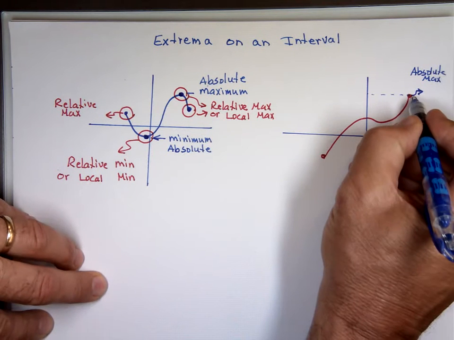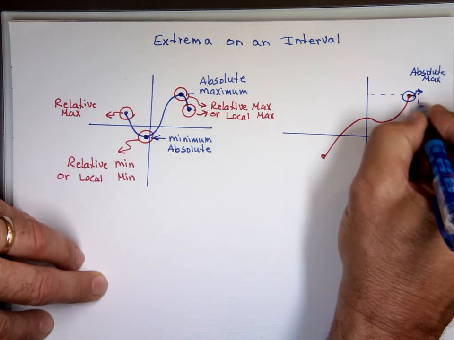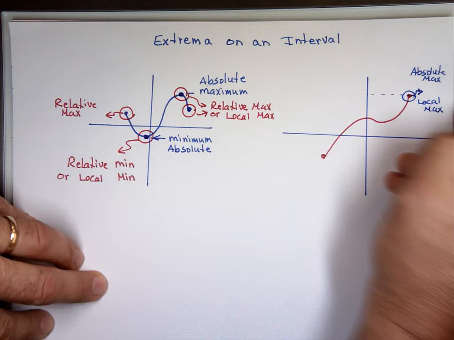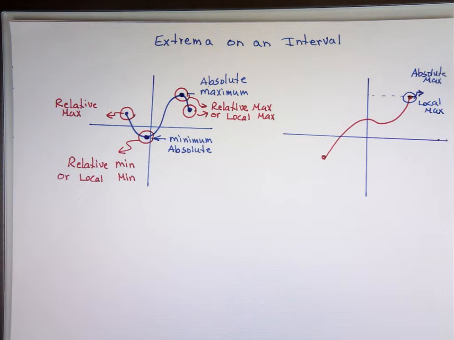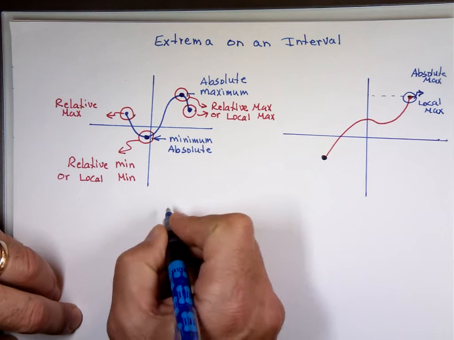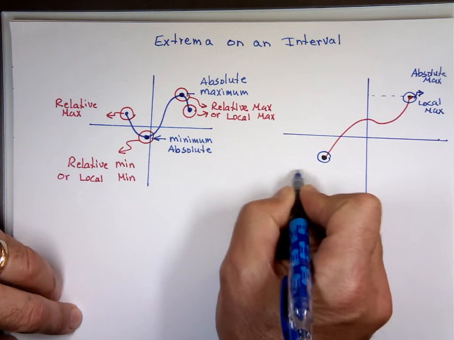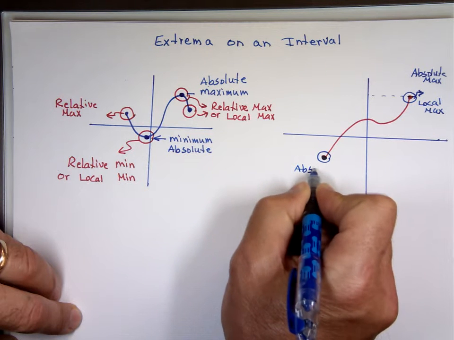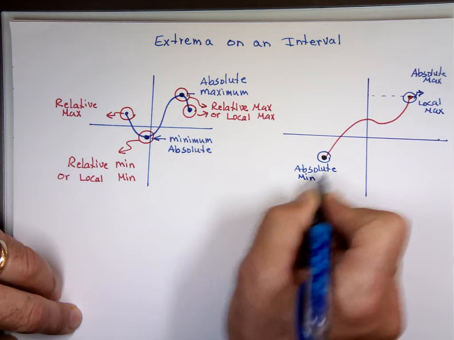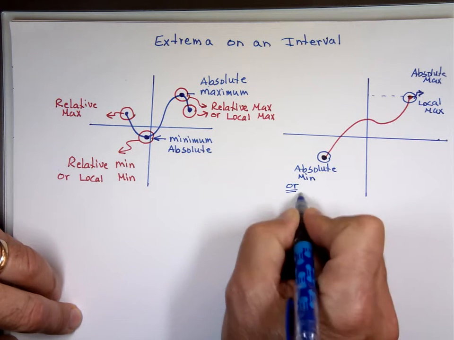Also in this neighborhood, this is a relative or local max. Correct. This point here is what? Absolute min. Also in this neighborhood, this is a local min, right?